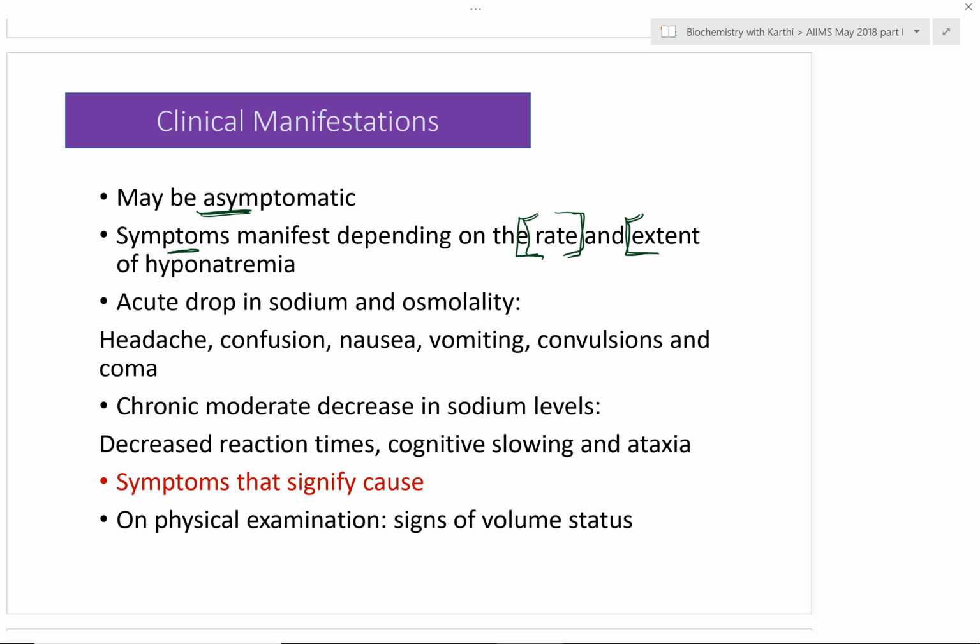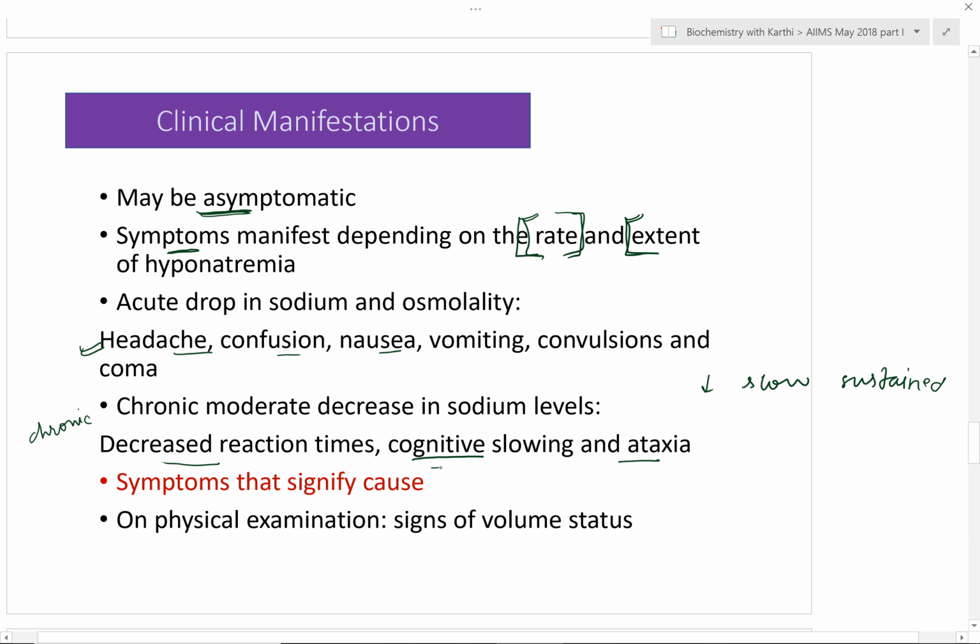So if the rate of fall in sodium levels is very fast, then it will give rise to the acute symptoms of hyponatremia, which is headache, confusion, nausea, vomiting, convulsions, and coma. If there is a slow, sustained fall over weeks or years in chronic diseases, then it will cause chronic symptoms which are a little more vague, such as decreased reaction times, cognitive slowing, and ataxia.